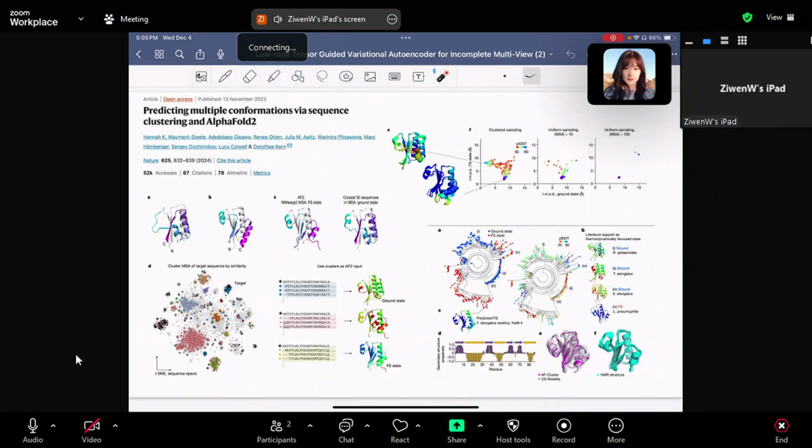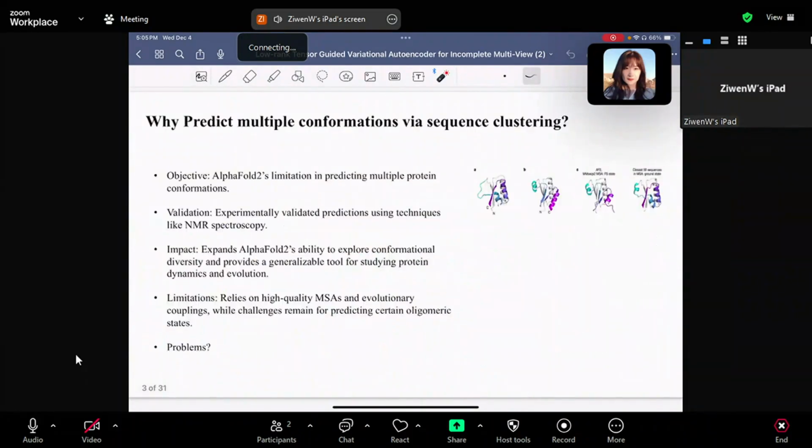This paper introduces the idea of clustering sequence alignments by evolutionary similarity to capture a wide variety of structural conformations. By leveraging these cluster inputs, AlphaFold 2 can identify multiple conformational states with high confidence. This demonstrates that sequence diversity encodes information about alternative protein states.